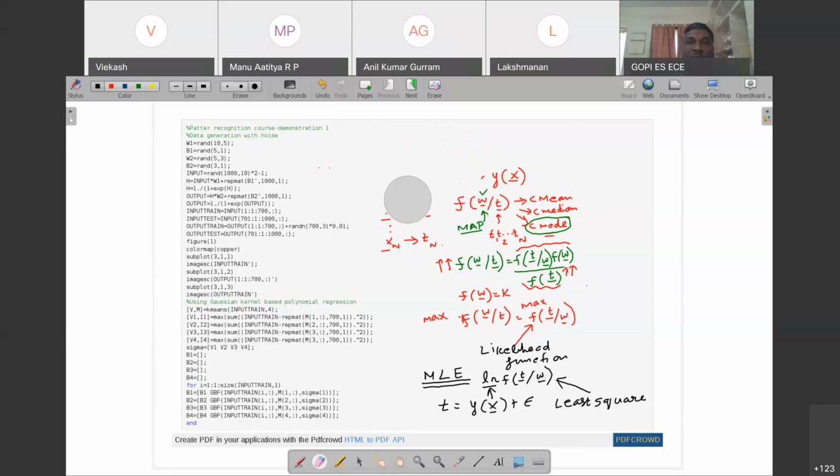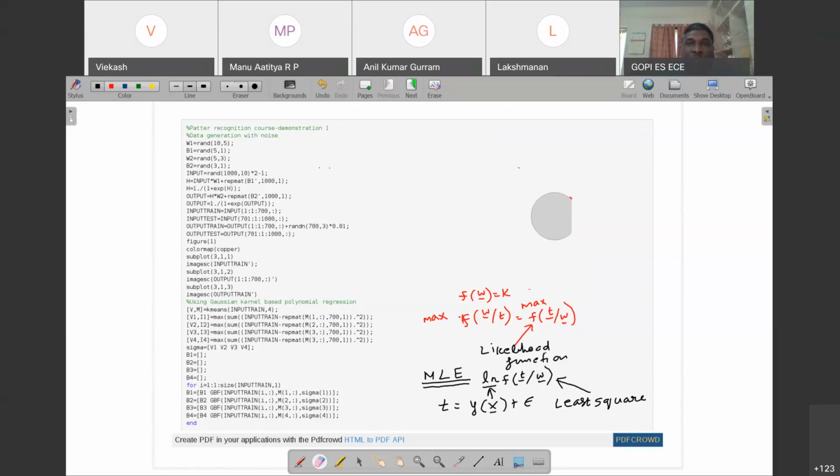The least square setup is something like this, what I'm going to write now. It is going to be like a matrix equation, with this W here and the right hand side being all these observations, T1, T2, all the way up to Tn.